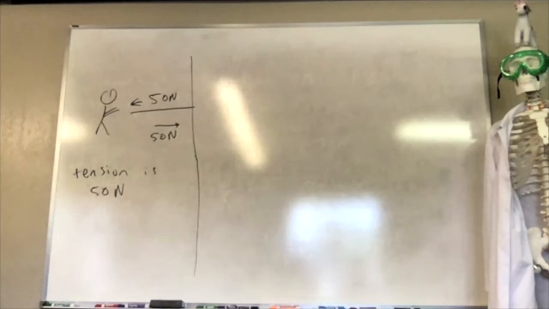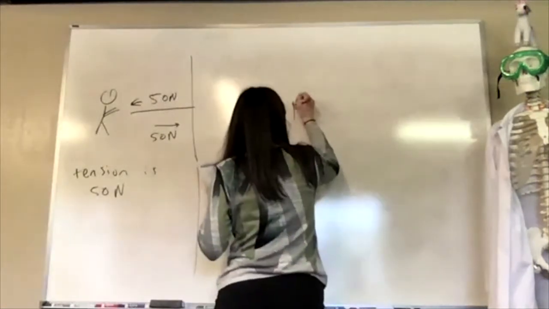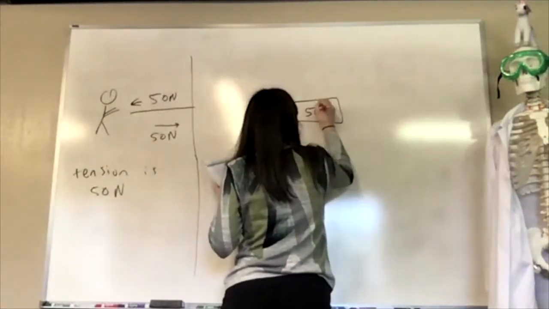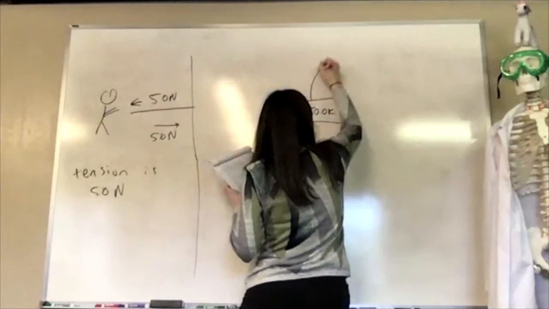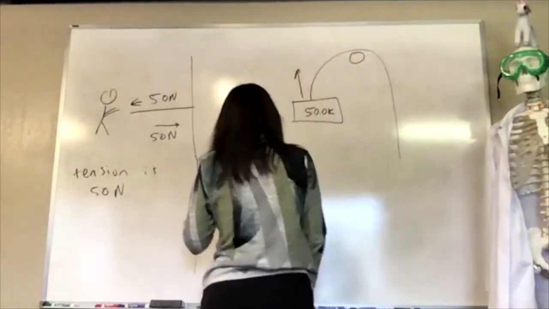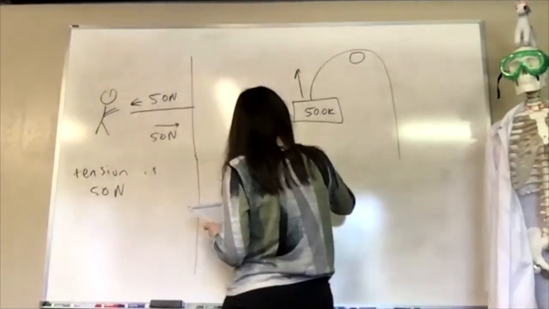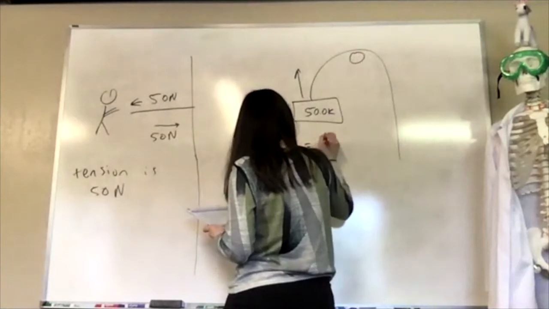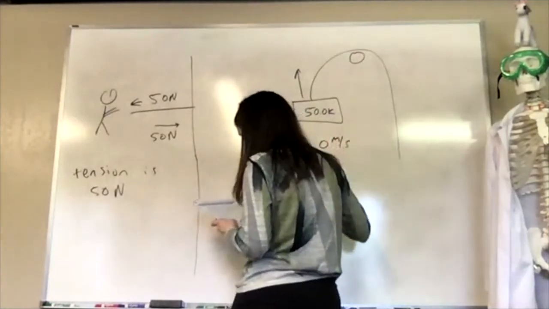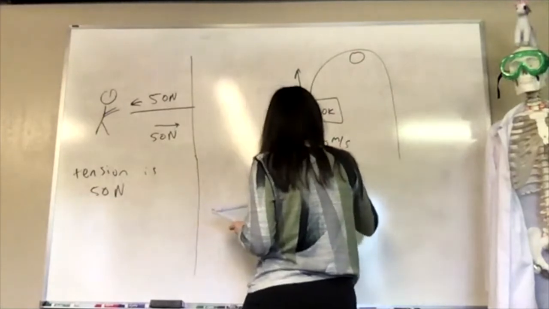So there's a lot going on in this problem. Let's go through this step by step. We have a 50 kilogram weight being pulled upward, and it starts at rest, so initial velocity is 0. We know it's displaced 3 meters upward.